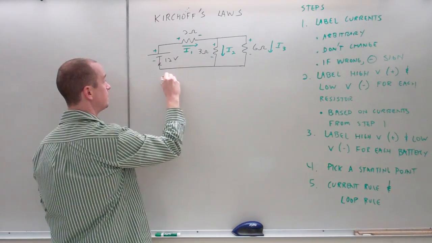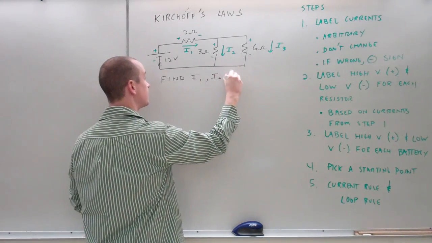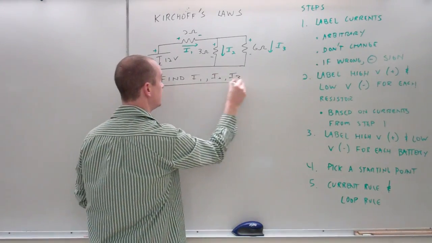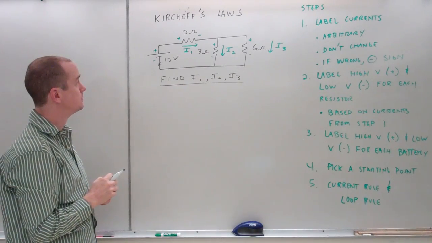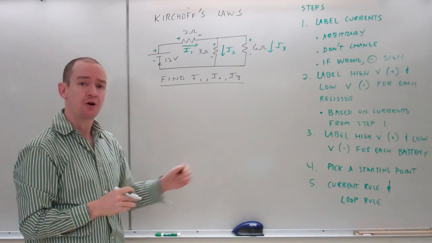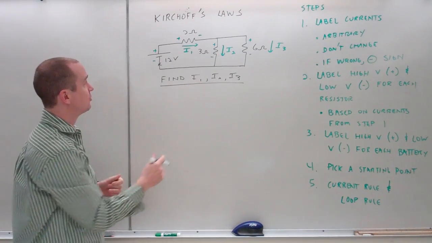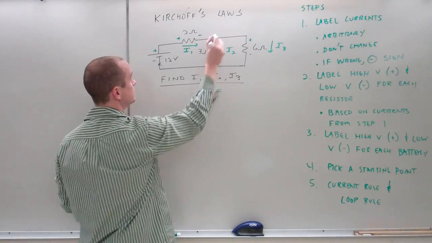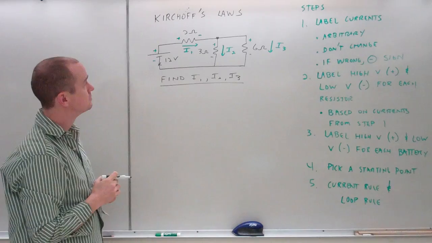My goal is to find I1, I2, and I3. Well, let's give it a shot. I recommend you always start with a junction rule. So I look at one of my junctions. What is the current coming into it?